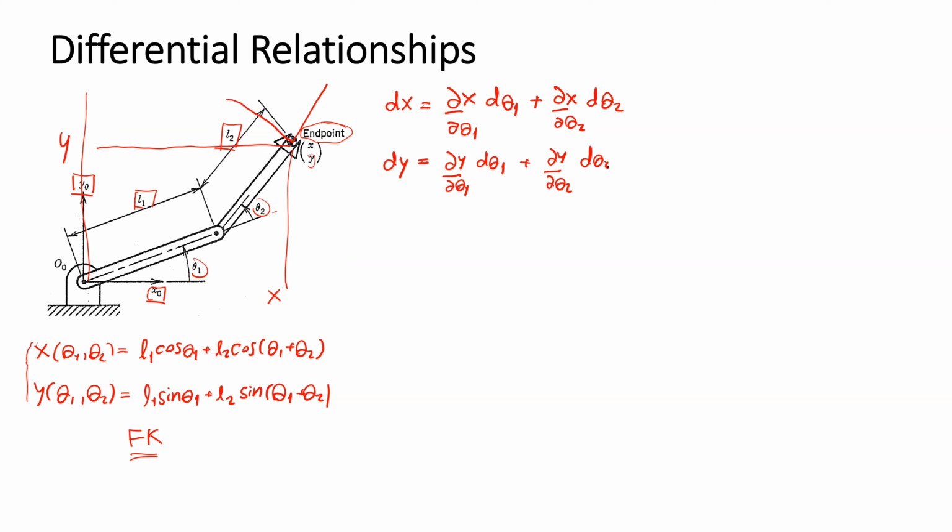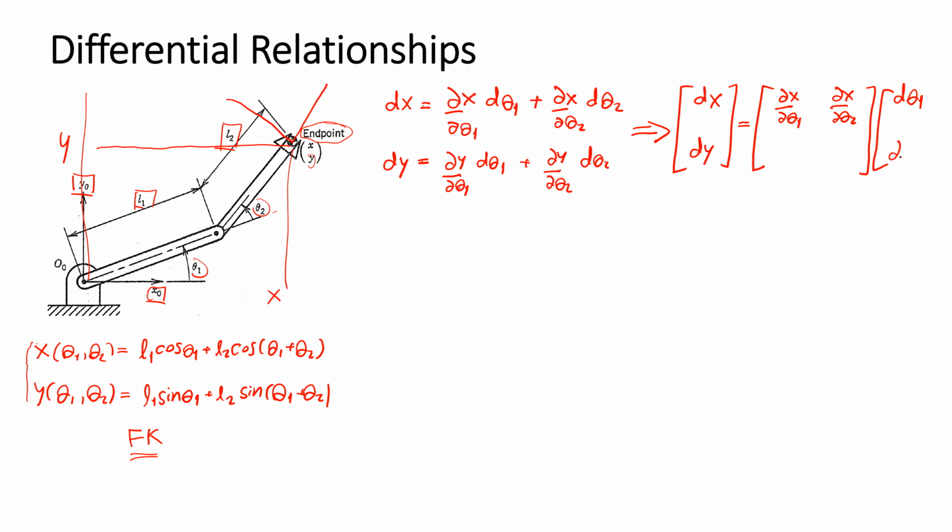If we write this in the matrix form, dx and dy is equal to partial x by partial θ1 and partial x by partial θ2, times dθ1 and dθ2.